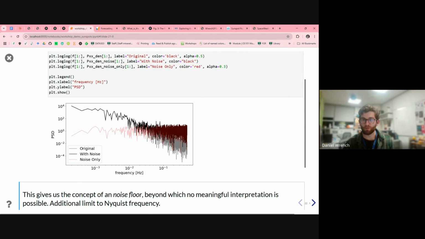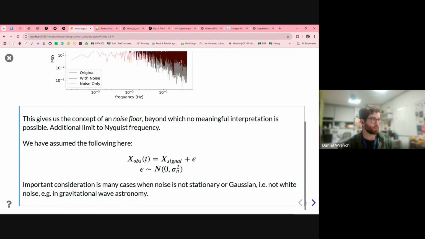So for all of you who are going to be analyzing signals with noise, it's something you have to worry about. And also, as Ritesh mentioned, what is the actual appropriate model for that noise? Is it white noise? Is it simply mean of zero, constant variance, independent of the signal itself?